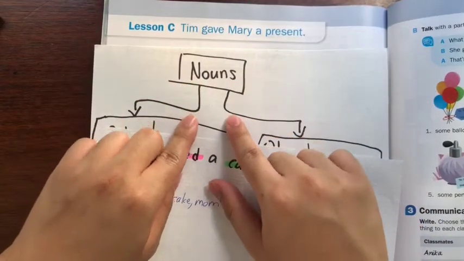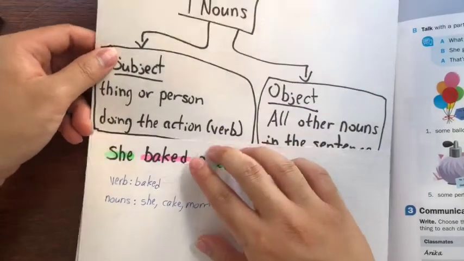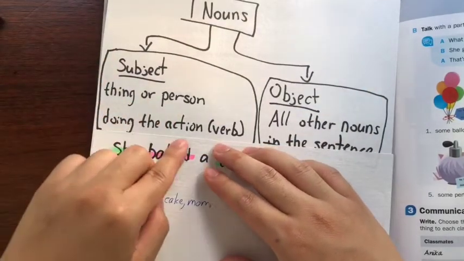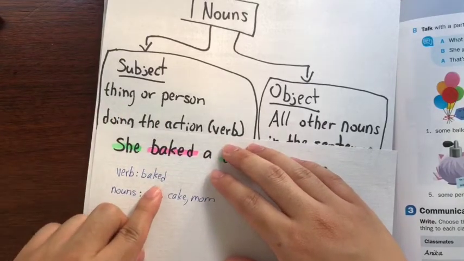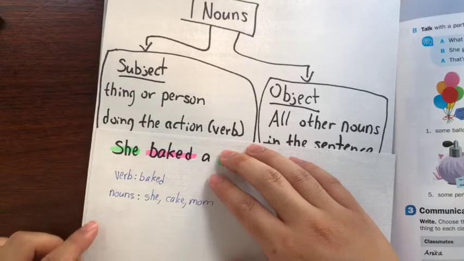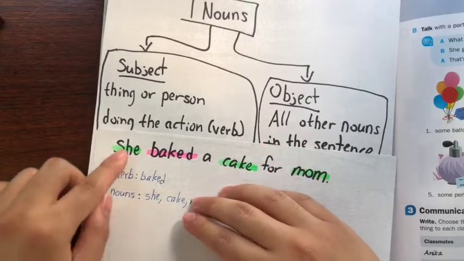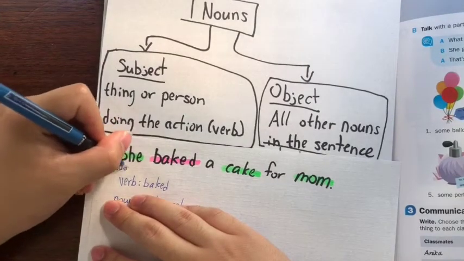There are 2 types of nouns. First, we have the subject. The subject is the thing or person doing the action, or the verb. And what's the verb? Baked. So who baked? She. She baked. So the subject is she.